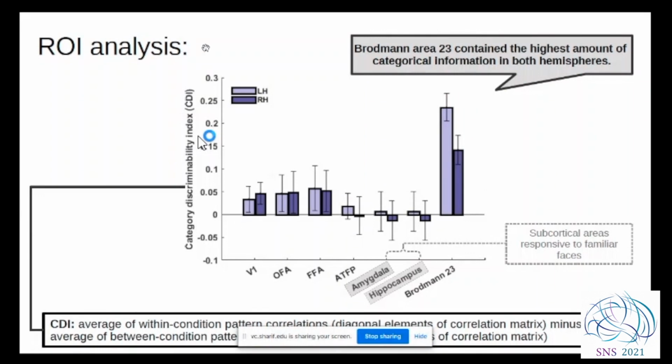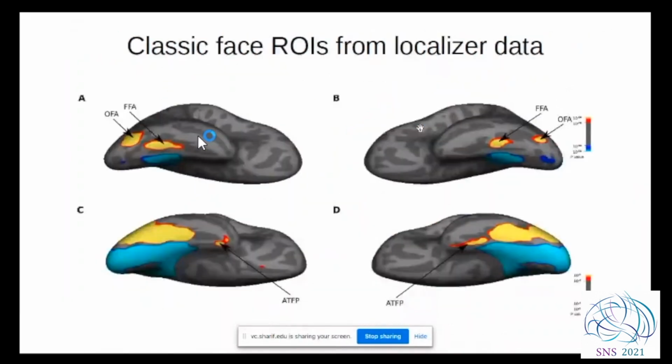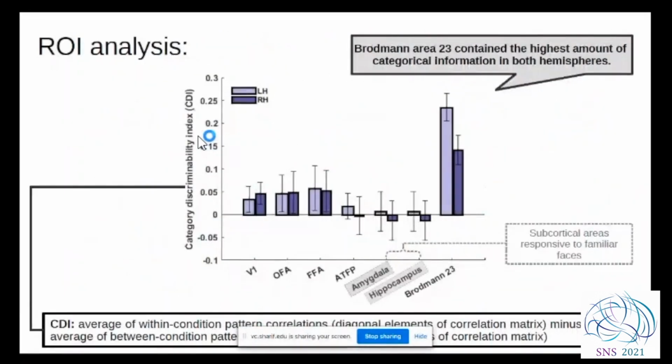Here in the y-axis, we used a different metric to look at the pattern information. So instead of computing the correlation between correlation metrics and model metrics, another thing that we can do is calculate the difference between the values of diagonal elements and off-diagonal elements, and use it as a category discriminability index to evaluate pattern information in these regions.